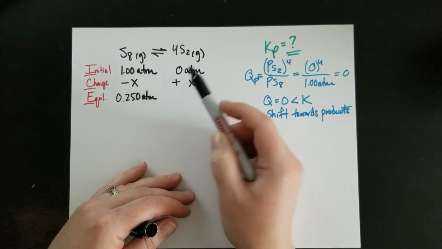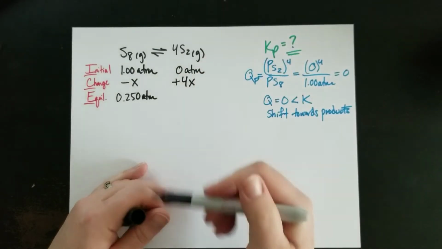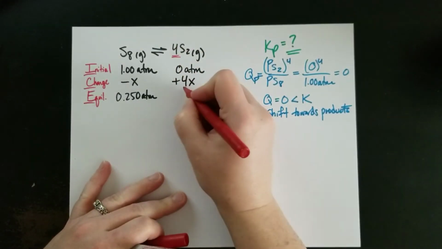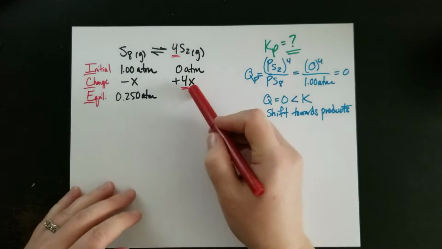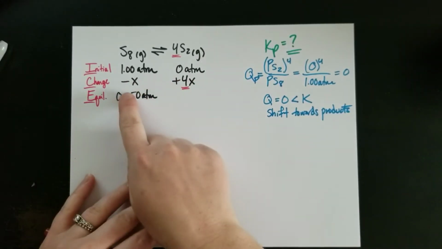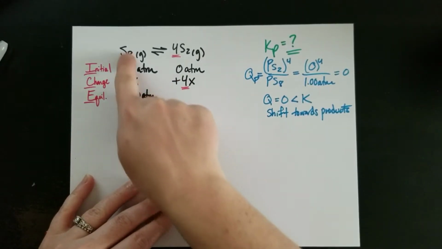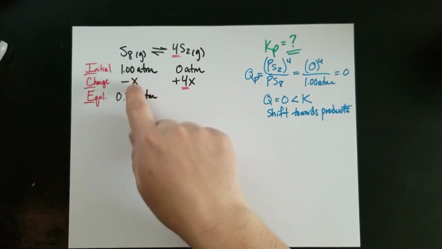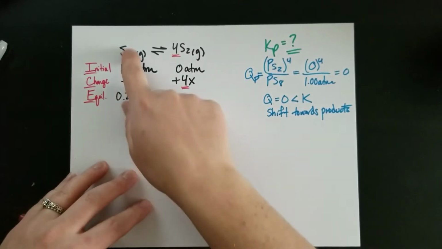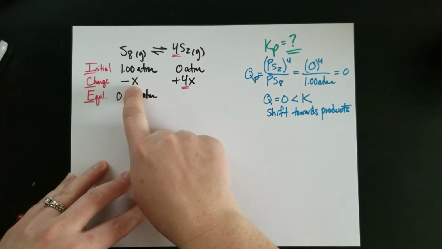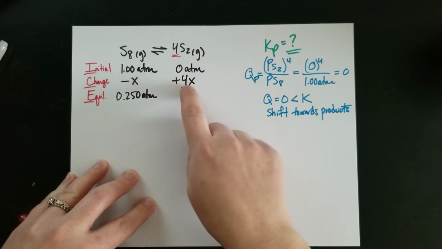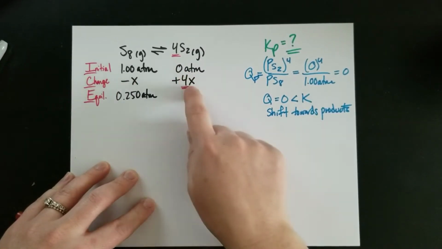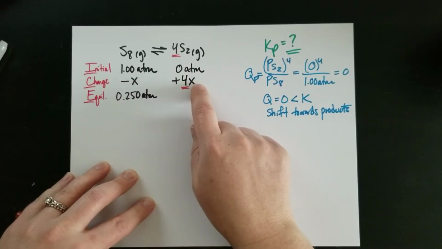You notice I left a space here because over on this side, since we have that 4 in front of the S2, we need to also include the 4 over here. All this is really showing is that for every 1 mole of S8 that we react, we're going to get 4 moles of S2. And if 1 mole has a specific pressure associated with it, then for every 1 unit of pressure that we lose, we're going to get 4 units of pressure added over on this side. Okay, so that is what that is representing there.